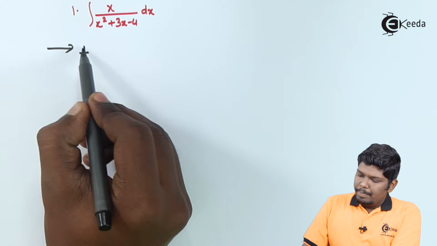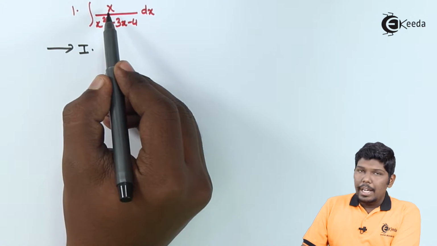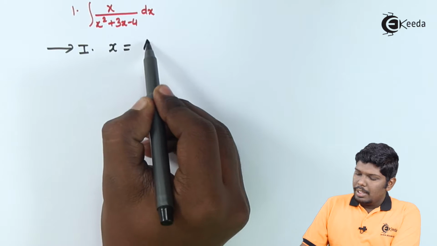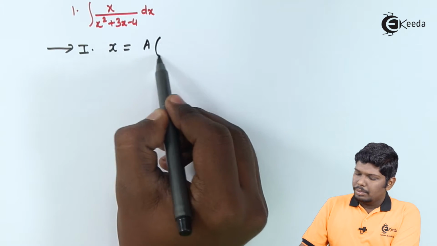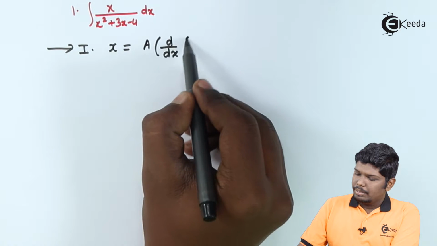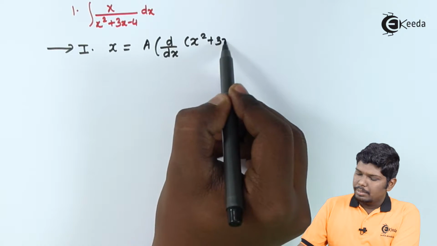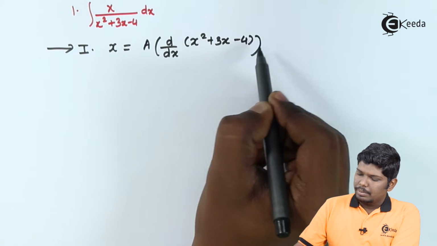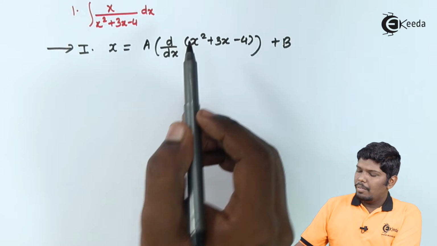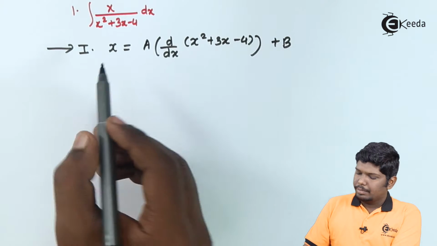The first step will include writing numerator x as a into derivative of denominator plus b. Now here we are going to solve this equation and first find the values of this a and b.